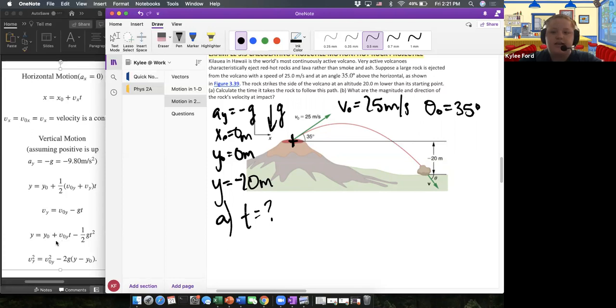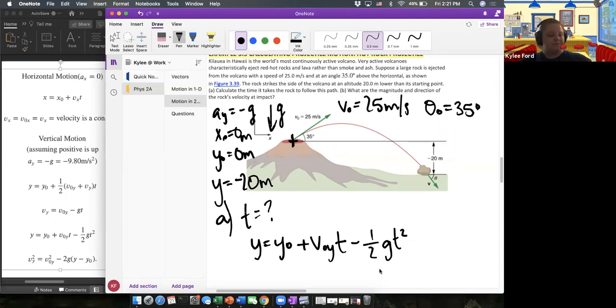Yes, we can find that. We know our g. So why don't we use this equation here? So we're going to use y equals y naught plus v naught y times t minus 1/2 g t squared.